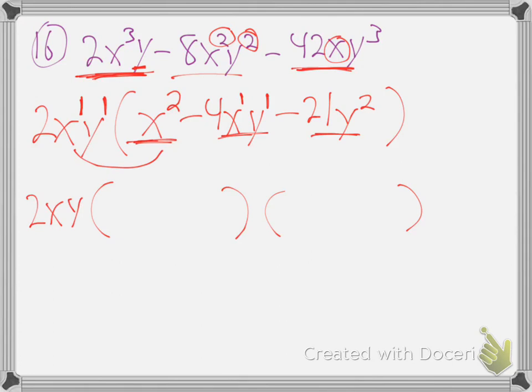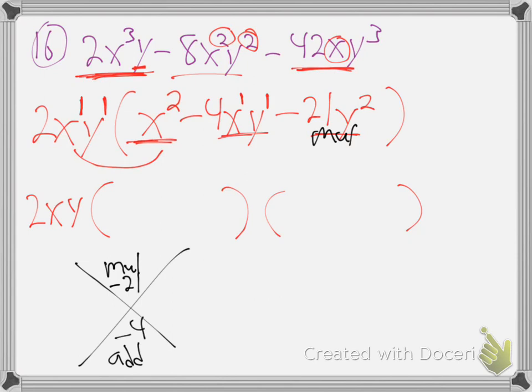All right, now, how do we go further? So now we do the diamond thing. We're saying, what's going to multiply to be this back number, minus 21, and add to be minus 4.